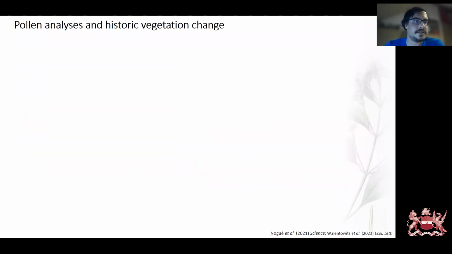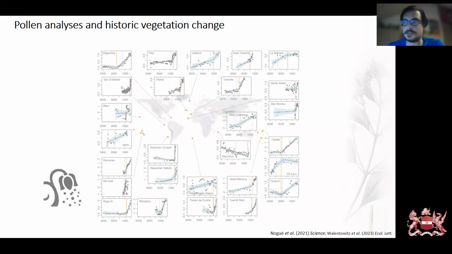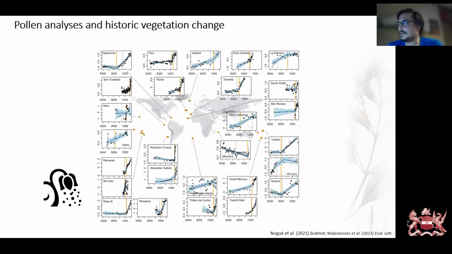As a last example at this global scale, I want to talk a bit about a very nice publication by Nogué et al. in Science, which appeared two years ago, where they looked at pollen from sediment cores on islands worldwide.